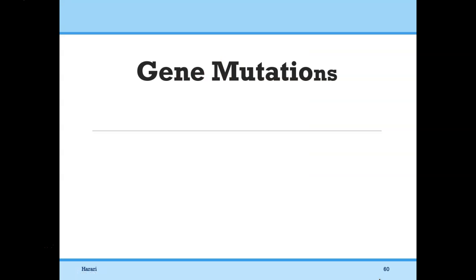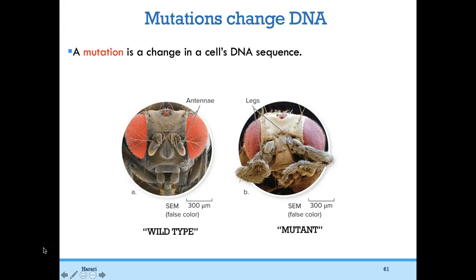So finally we'll talk about gene mutations in the last part of chapter 13. So a mutation is a change in a cell's DNA sequence, and this is a permanent change in the basis of a gene. So in this case, you could say this is a mutant fly because a certain mutation caused the fly to grow legs instead of antenna.